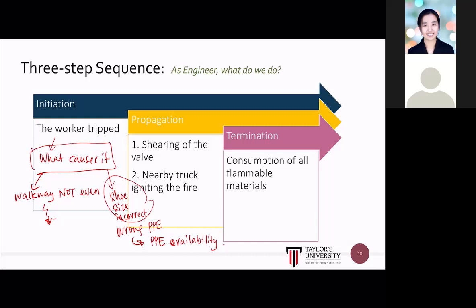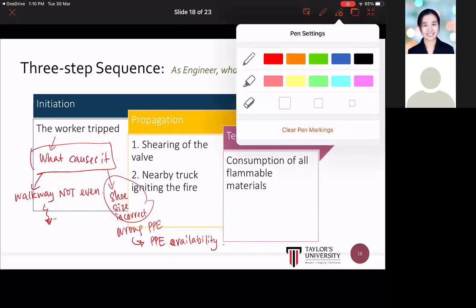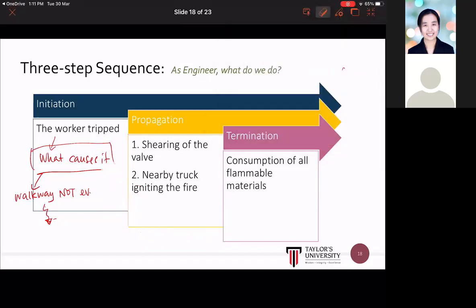Okay? So that's the initiation step. Then propagation, what can we do? The shearing of the valve tells us one thing: this plant has not been well maintained. Let me erase some of this so that I can continue to write.